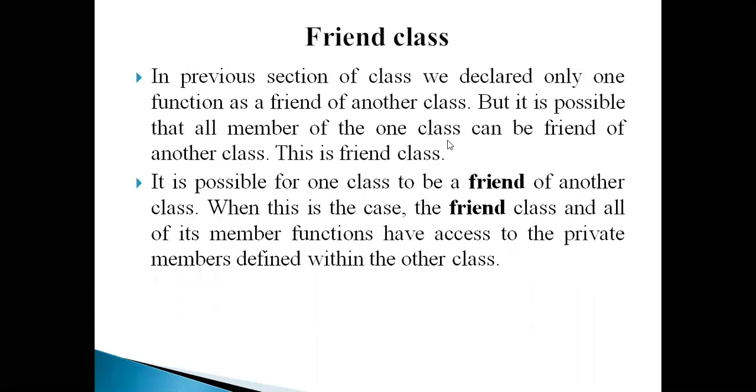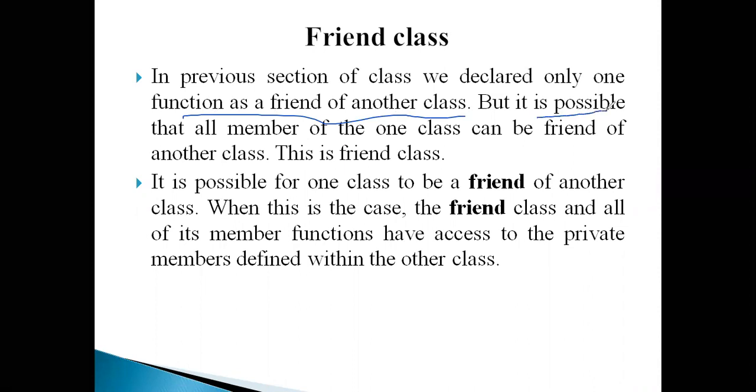And then friend class. Like a friend function, here we are going to discuss a friend class also. In the earlier sections, we made one function a friend of another class. We already know, and we executed some programs, of one function as a friend of another class.